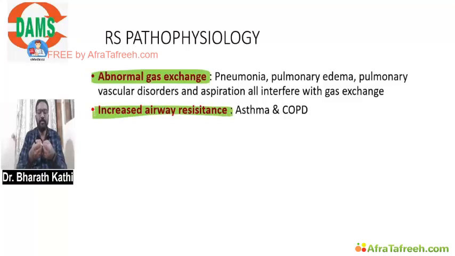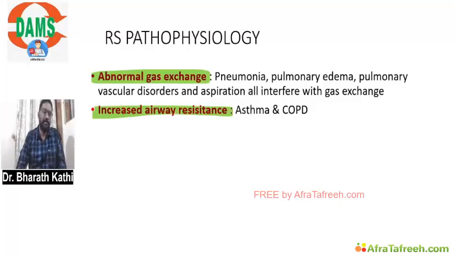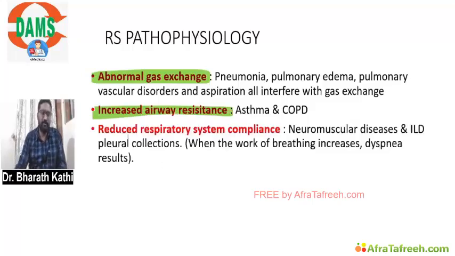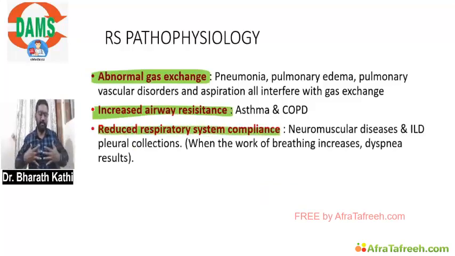Or is it due to increased airway resistance? Now the airways are completely compressed like this, so air cannot flow properly, and your body will try to take more respirations to facilitate airflow. Or is it due to reduced respiratory system compliance? Your chest wall may not be stretching properly; your respiratory system is not expanding properly.